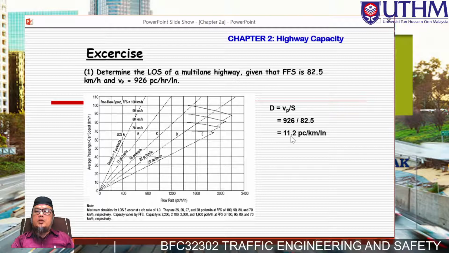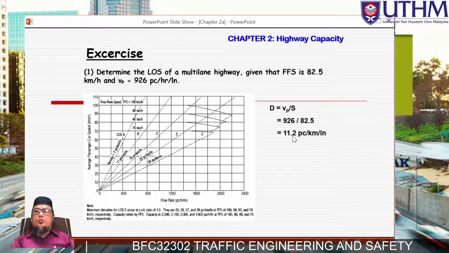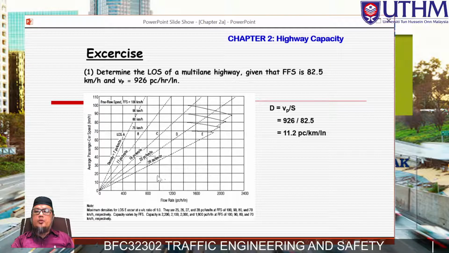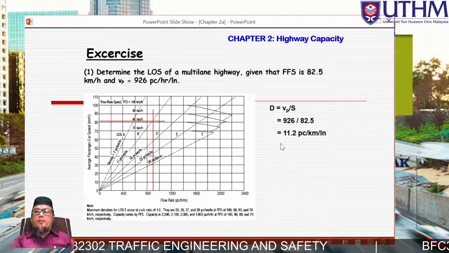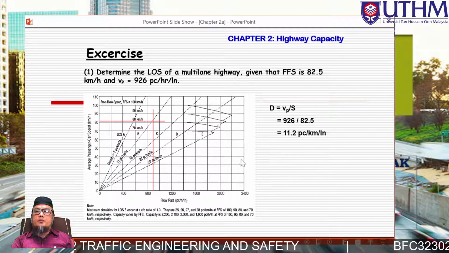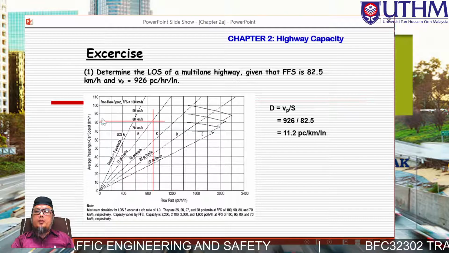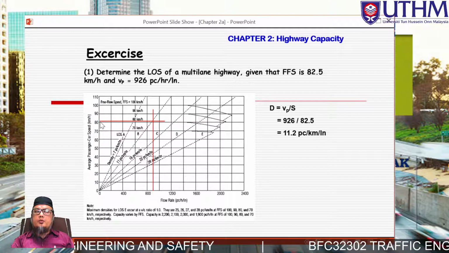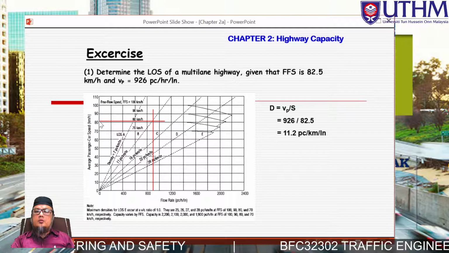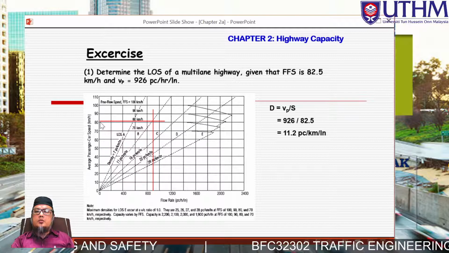So now we calculate the density: 11.2. So where do we put 11.2? We need to project. Here we have speed 82.5, so here we can put the value 80, or 82 as we just assume here.